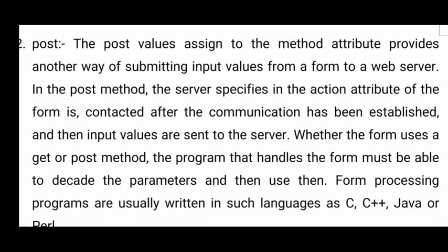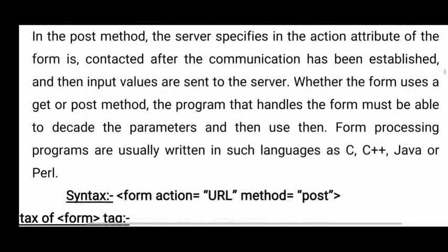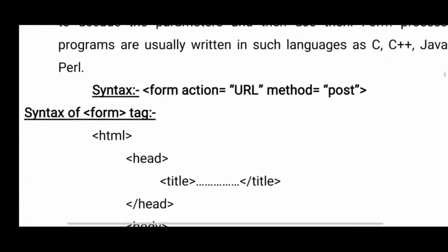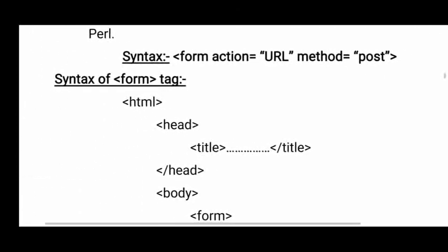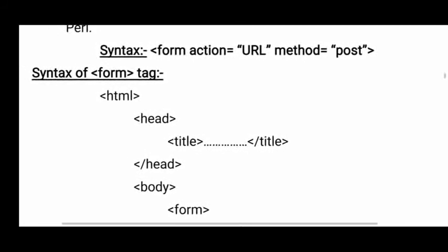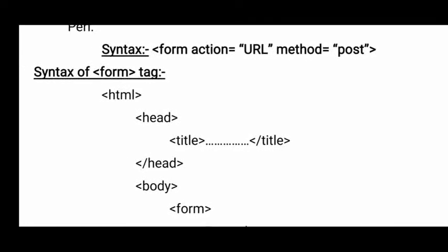When the server is in enabled state, at that time the data is submitted to the server. Okay, so this is the post method. Here you can see the syntax. Method equals to post, you can give get also.